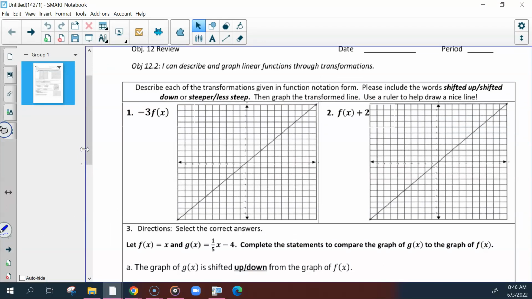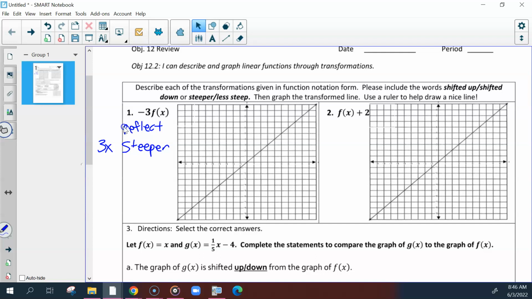This doesn't say anything about the negative, but remember that the negative is your reflect. So if we are just describing, and then we have to graph, the negative would be a reflect. The 3, if we're comparing the slope of 3 to this, it's now steeper, or 3 times as steep, either or.